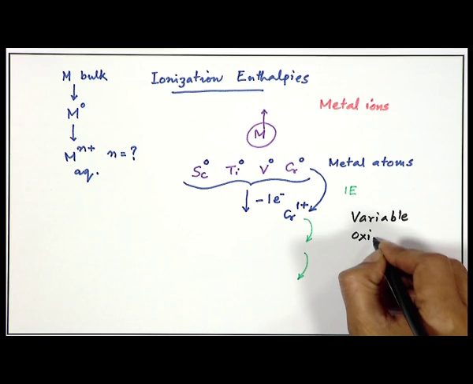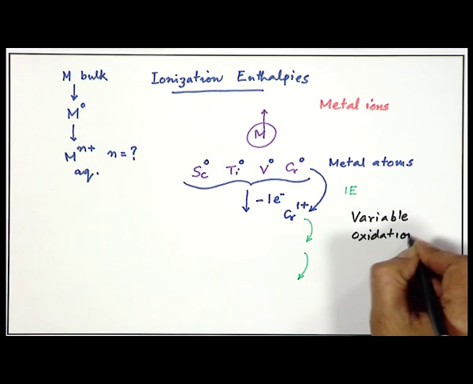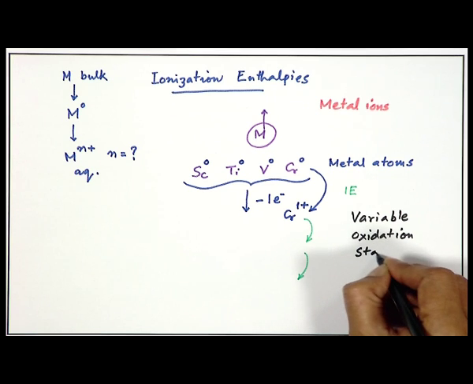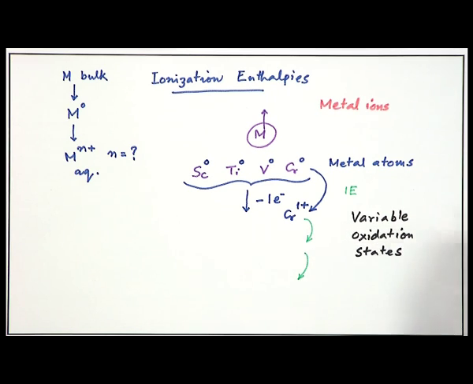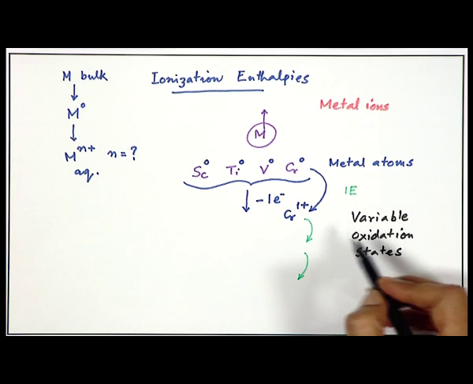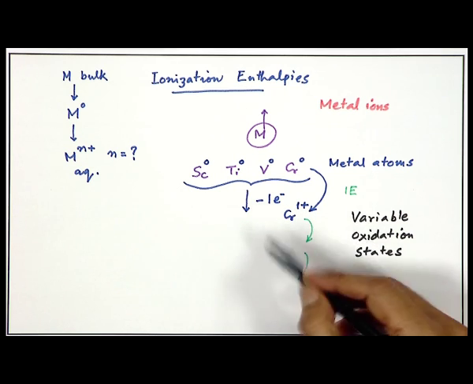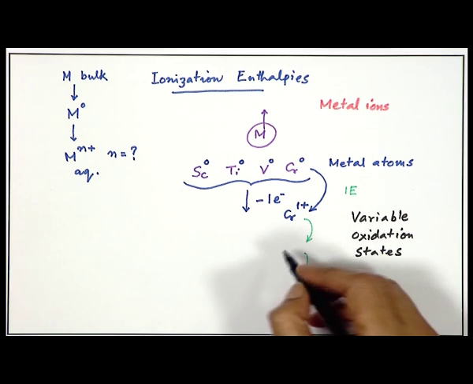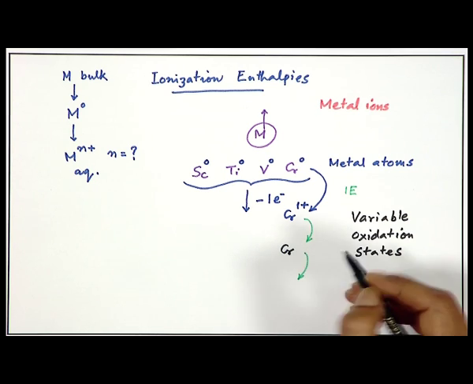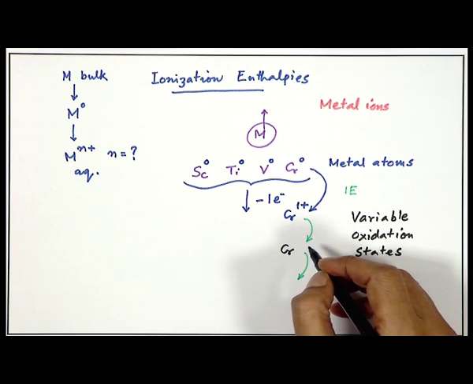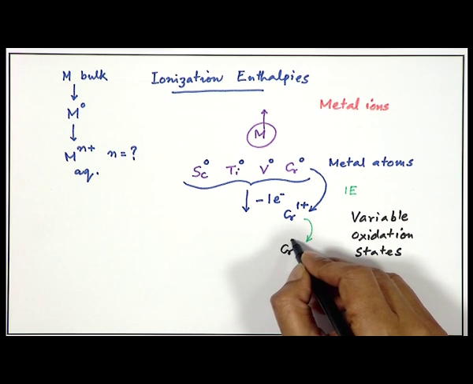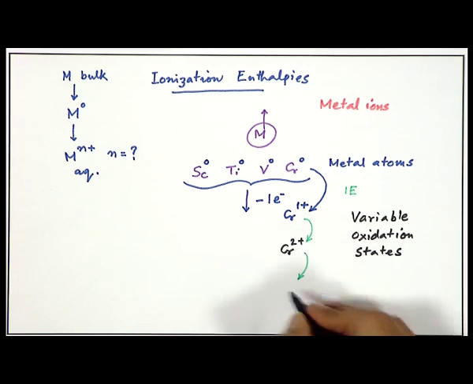That means we can have a particular metal center or metal atom such as chromium, and in solution or in gaseous state they have some stability not only for the unipositive or monovalent species, but also the dipositive or bivalent species or chromium 3 plus.